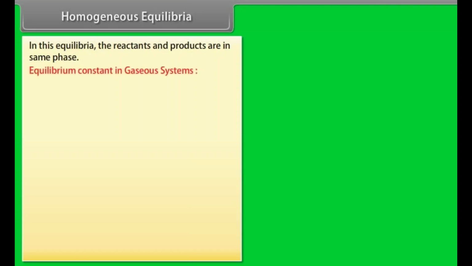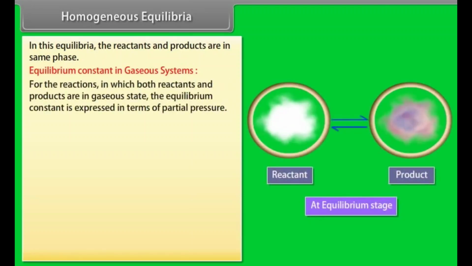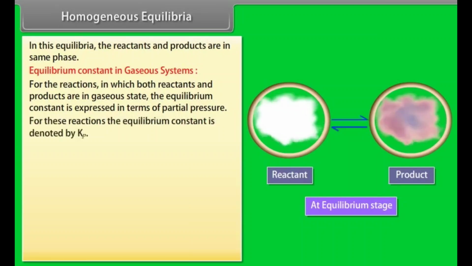Homogeneous equilibria. In this equilibria, the reactants and products are in the same phase. Equilibrium constant in gaseous system. For the reactions in which both reactants and products are in gaseous state, the equilibrium constant is expressed in terms of partial pressure. For these reactions, the equilibrium constant is denoted by Kp.